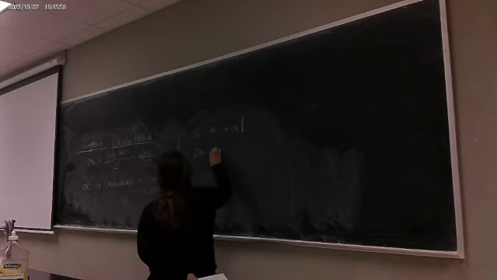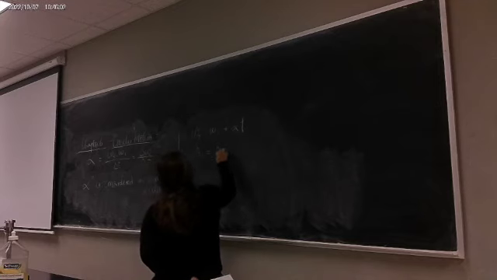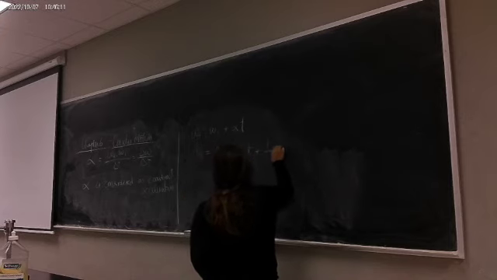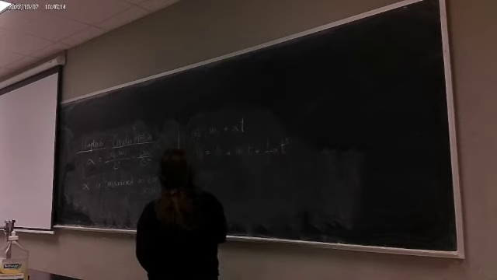Theta f is equal to theta i plus omega i t plus half alpha t squared. And omega f squared equals omega i squared plus 2 alpha delta theta.